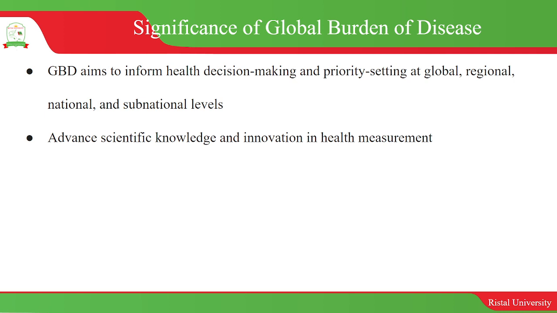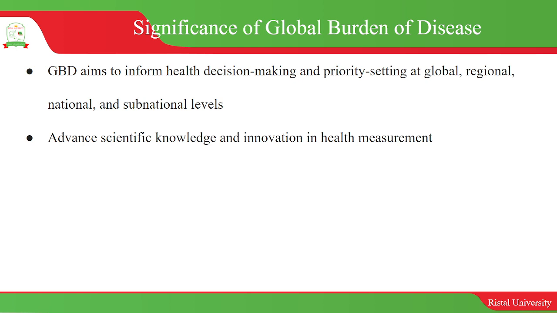If we know which diseases affect which countries, it means that we can direct efforts to address these diseases. So it helps us in decision making and setting priorities. It helps us know which health problem to address first, using global actors or even regional or national actors.